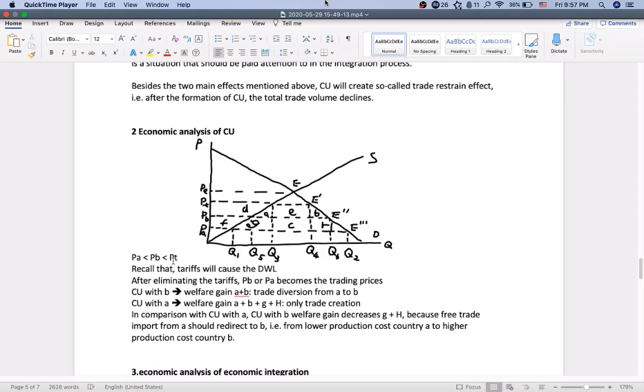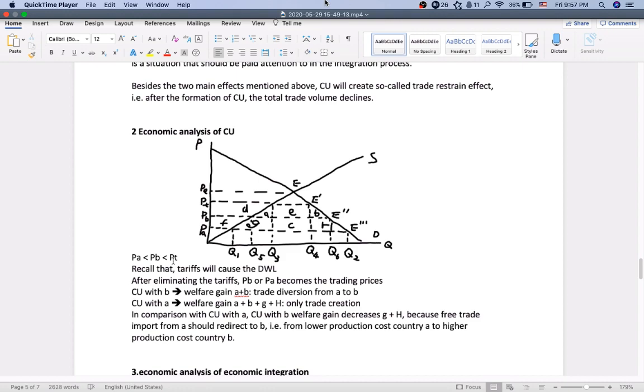And instead of levying the tax, if we're eliminating these tariffs, the world price will be lowered. And therefore, the consumer surplus will become greater, so that as a whole, the economy benefits from welfare improvements.